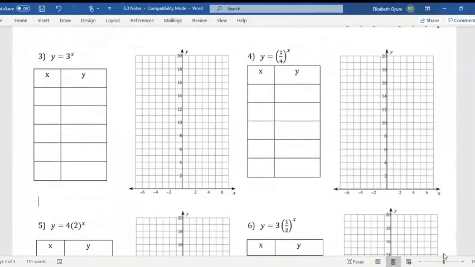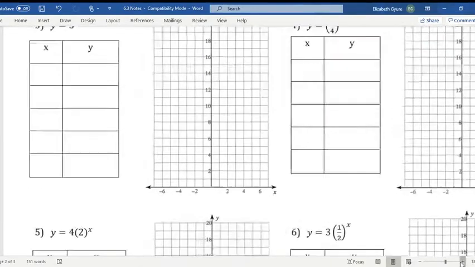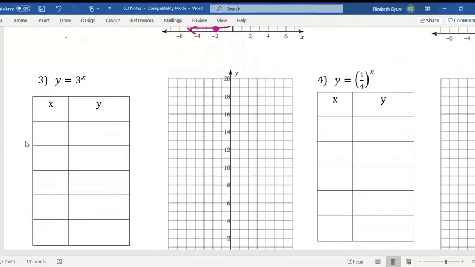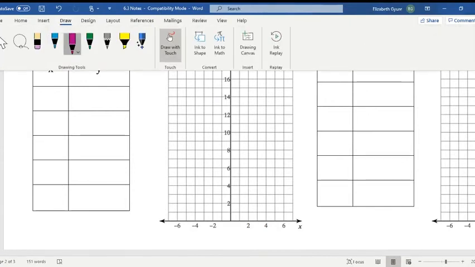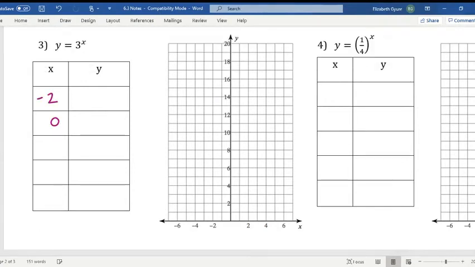All right, number 3. We got 3 to the x. So we're going to plug in -2, 0, and 2. So we're going to practice using our calculators. So we should have 3 to the -2.